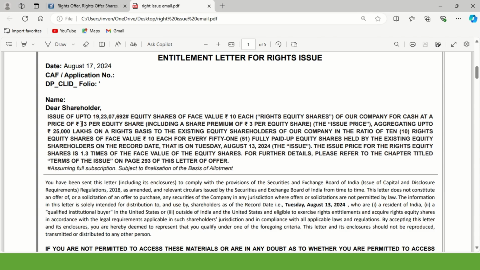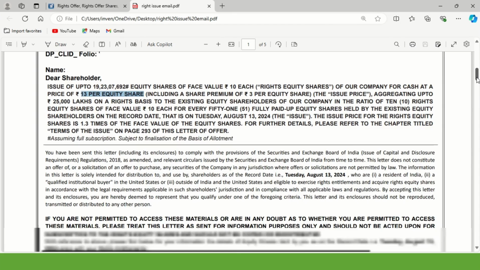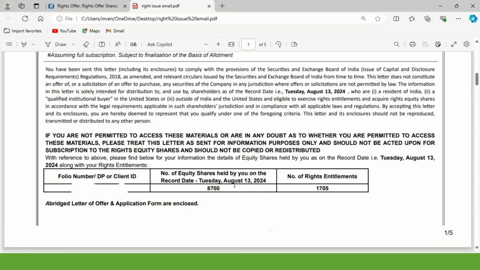Aggregating that is called the issue price. See here it is 13 per equity share, right? So face value 10 and 3 per equity share, in total 13 per share. They are issuing to existing shareholders. For example, the shareholder is holding 8,700 shares and is getting 1705 rights shares.